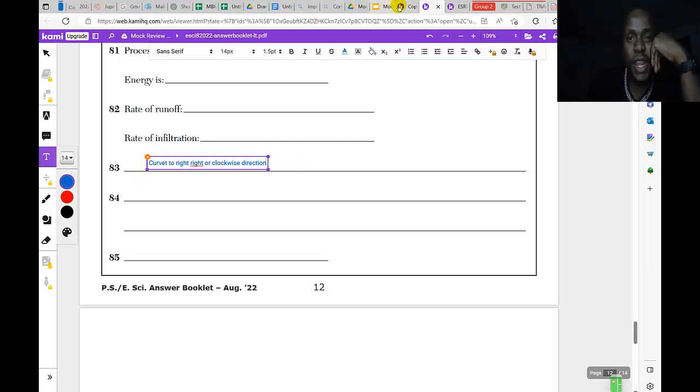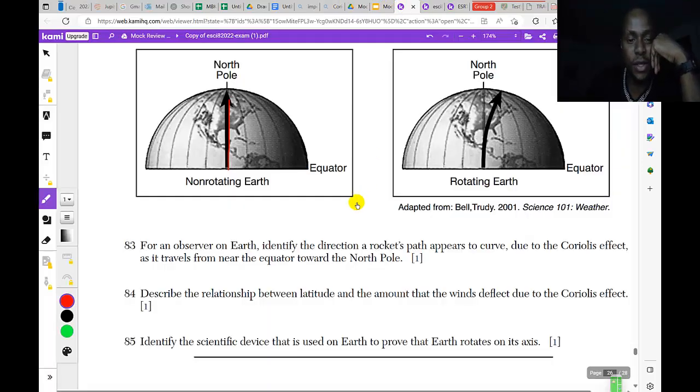And then question number 84 is just a follow-up question. Describe the relationship between latitude and the amount that the wind deflects due to Coriolis effect. As you know, the value of the equator is 0, and the value for the North Pole is 90 degrees north.